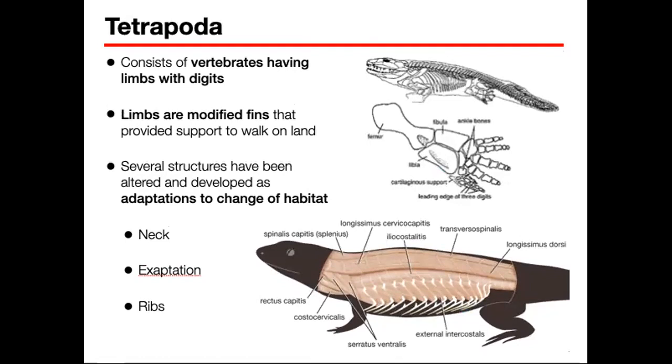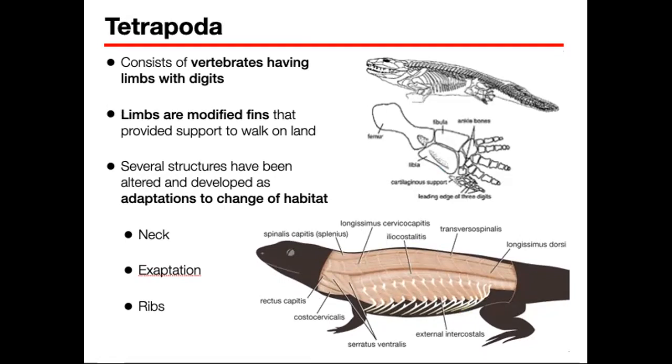When we say exaptation, this is basically a process wherein one character will take another function. So for example, the fins before are now used for locomotion on land. And another example would be the use of feathers for mating or display of flight in birds, which is now used to keep these organisms warm during episodes of cold weather.